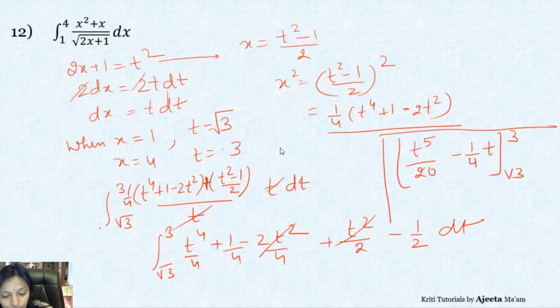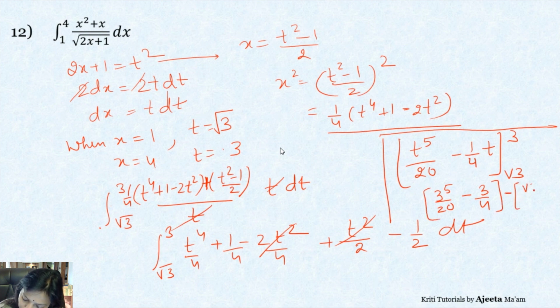So now let's move on with the values. Now what is 3 raised to 5? So 3 raised to 5 upon 20 minus, now we have here 3 by 4, and now we have to put root 3.